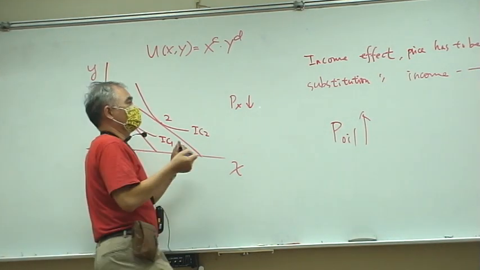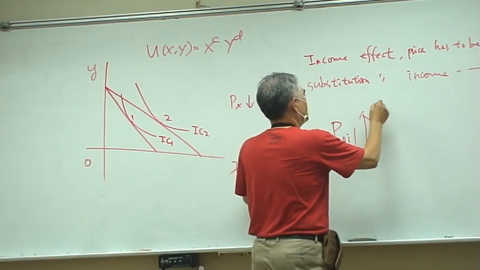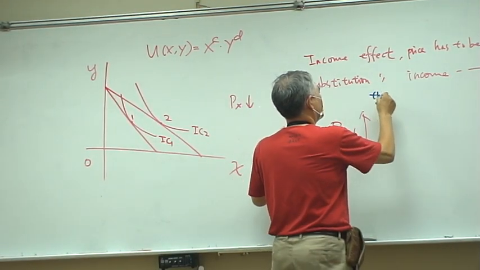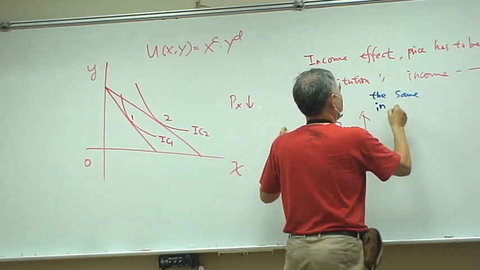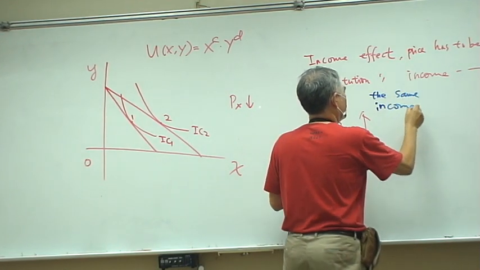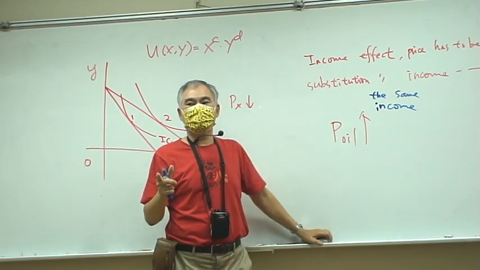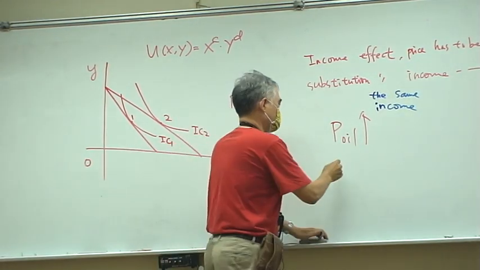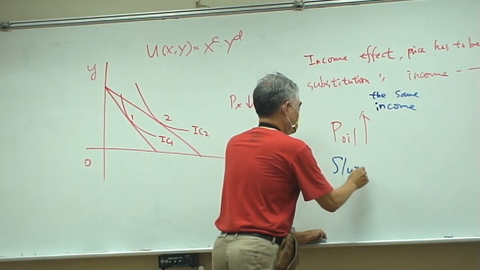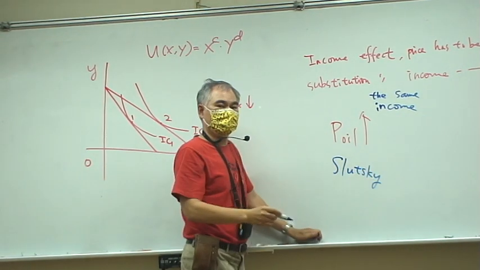For income, we want to say the same income. When we talk about income, there are two concepts. The first one is called Slutsky. The second one is called Hicks.